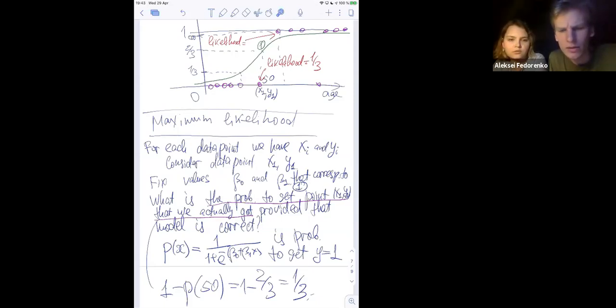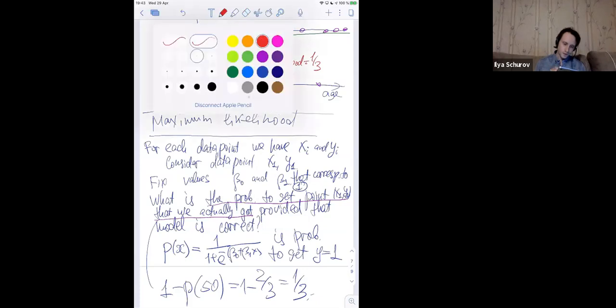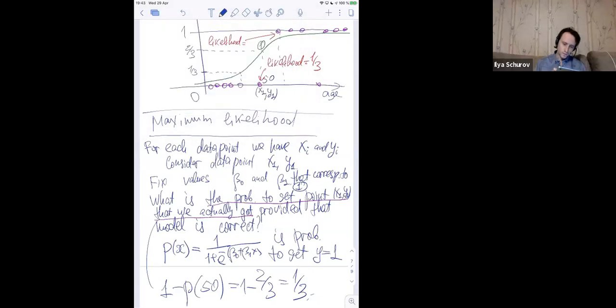But this dotted line actually goes on the curve, yes? Yes, it should go. This is a mistake in my graph. You're right. This dotted line should be like this. Yes.